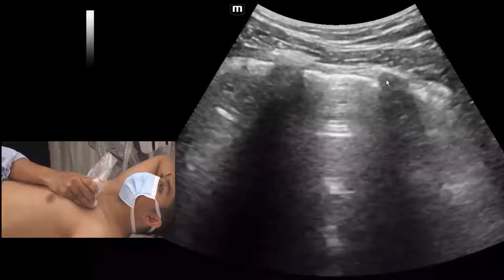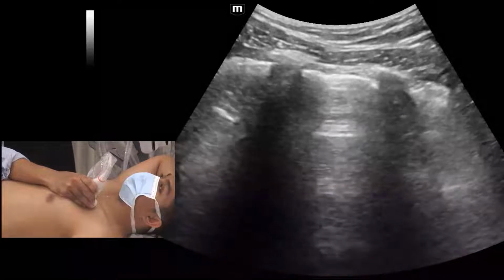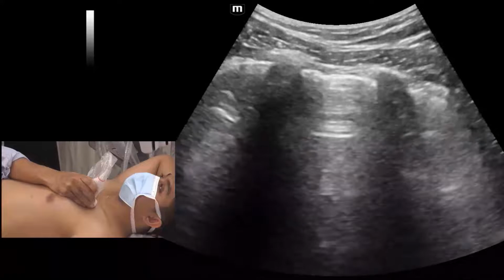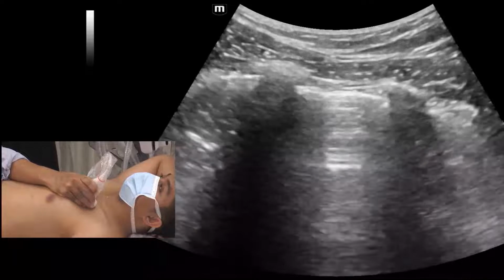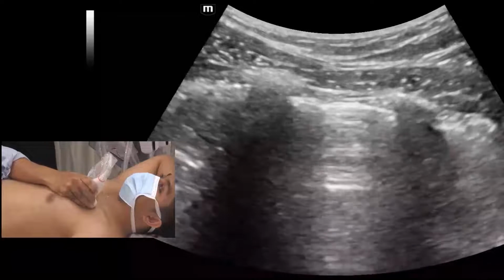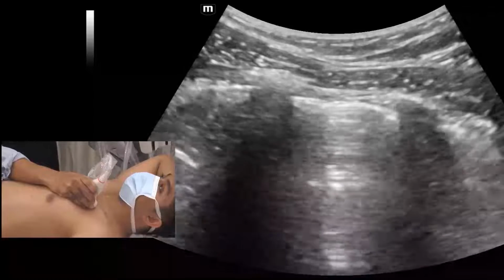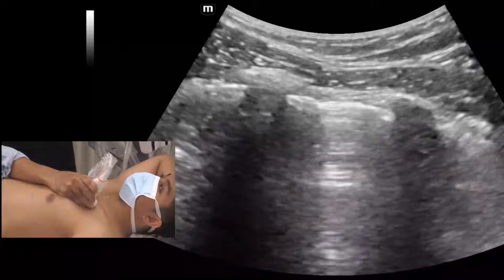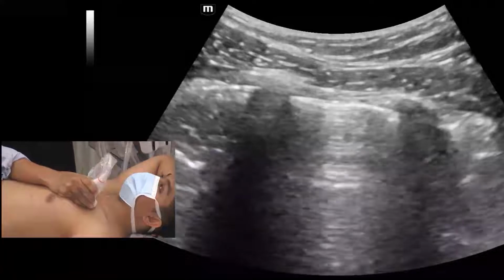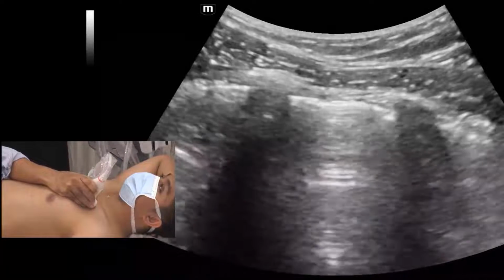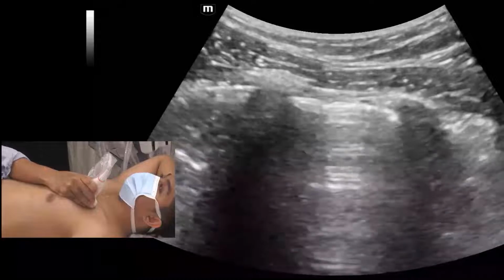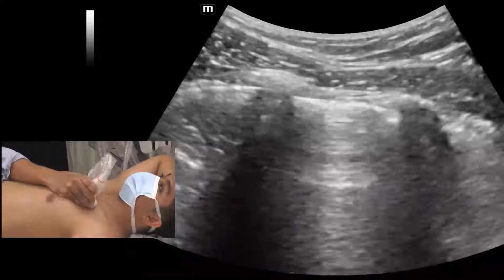Okay, let's now look at the pleural line. Sometimes, if we have difficulty appreciating whether it's sliding or not, I do this: I can reduce the depth and then look at the movement. I believe everybody appreciates that this is actually moving. It's actually moving, the shimmering of the pleural line.